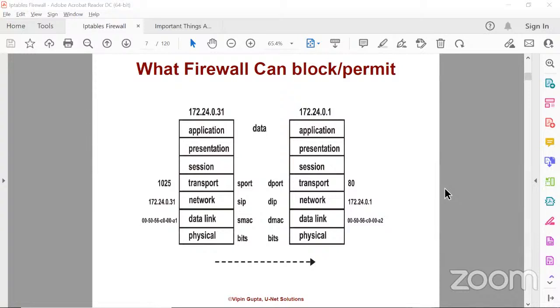In that tender, they specified that we want to block these types of things and we want to allow these types of things, all the instructions that I have given. Same way, we want to see whether we can use this firewall at NIT Hamirpur or not. So this third thing is going to decide what this firewall is going to do and what it is not going to do. So we have to discuss briefly the OSI model.